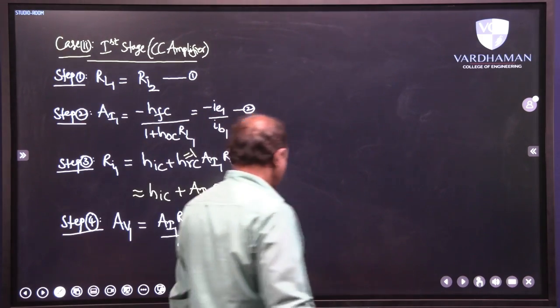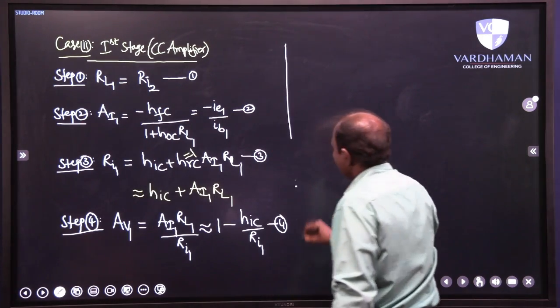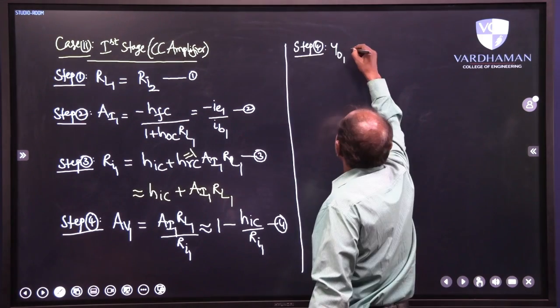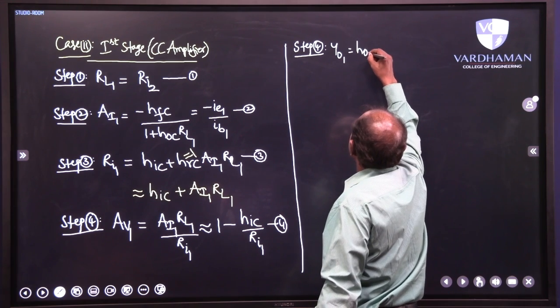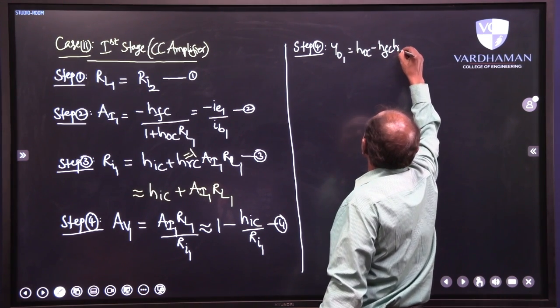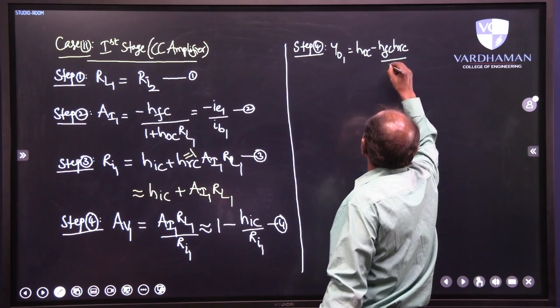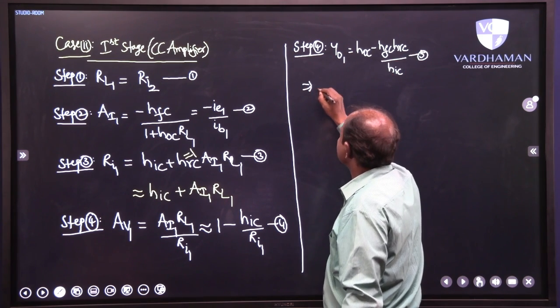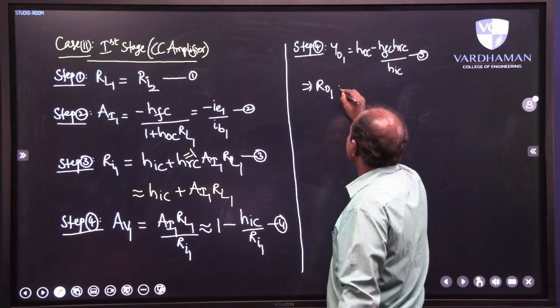Finally, output resistance or output admittance of first stage is HOC minus HFC HRC by HIC, and output resistance in case of first stage is 1 by Y01.